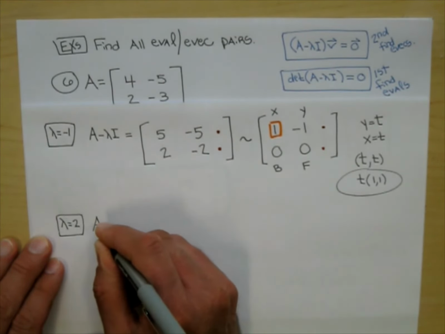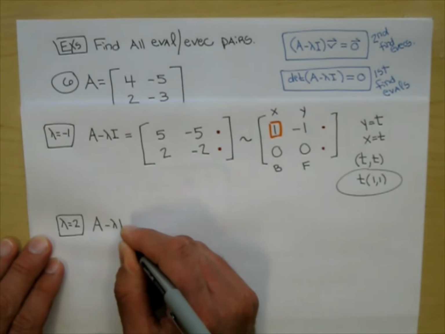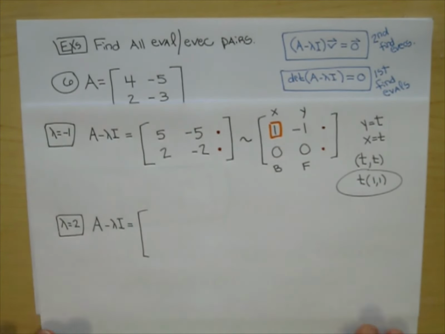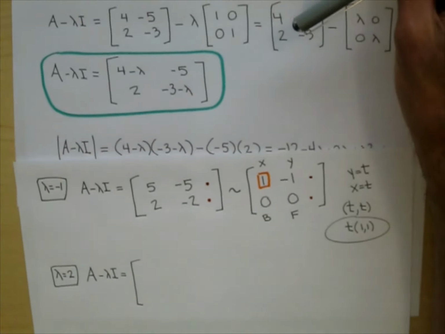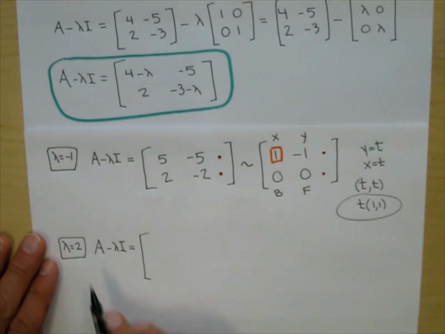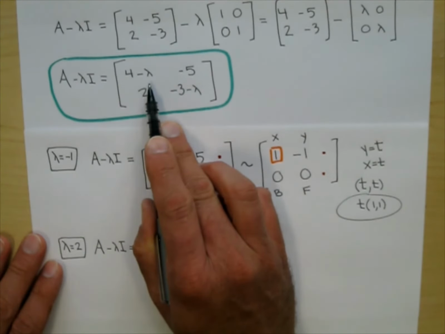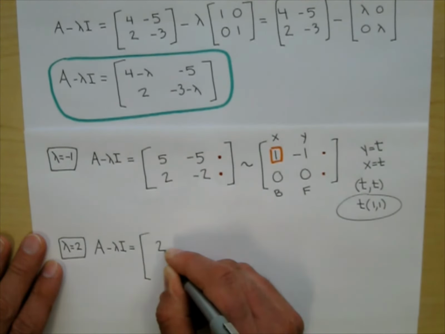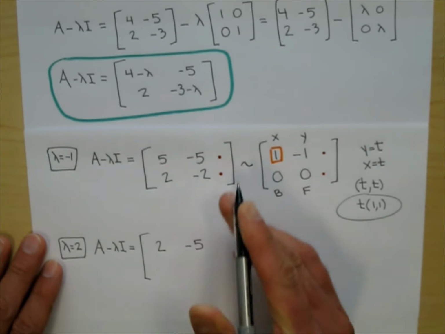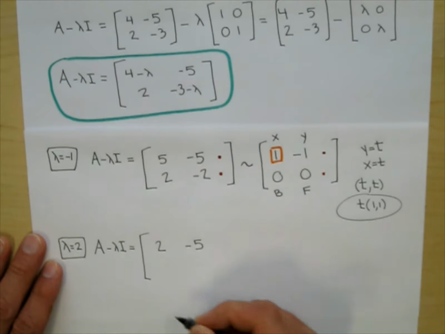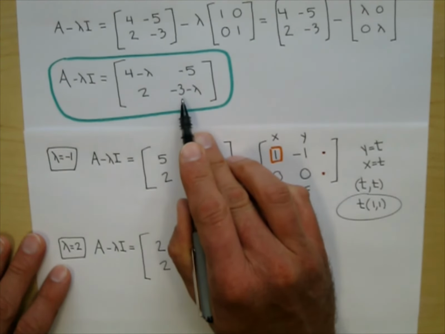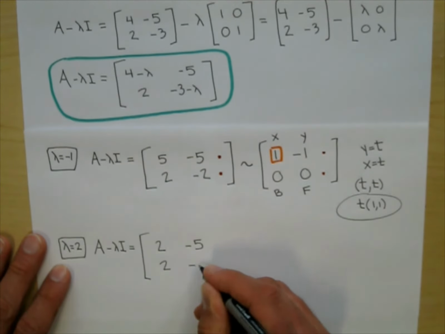I'm going to plug that into A minus lambda I and see what I get. Now A minus lambda I is this green matrix here. Putting 2 in for lambda, I end up getting 2, -5. That's why I put a green circle around it, because it's very important in this problem. 2, and then -3 minus 2 is -5.